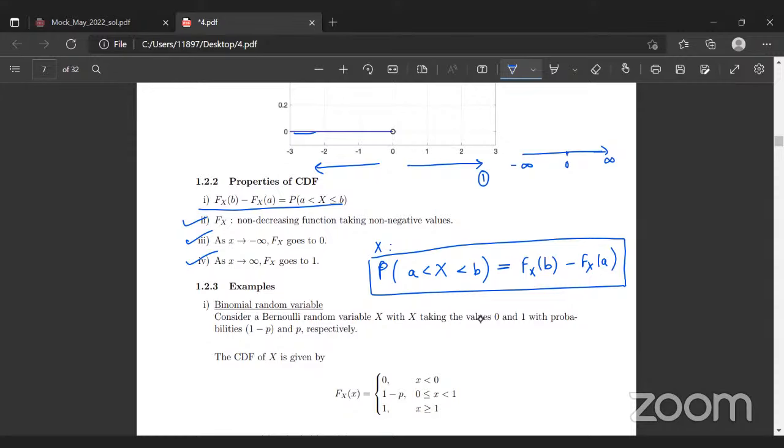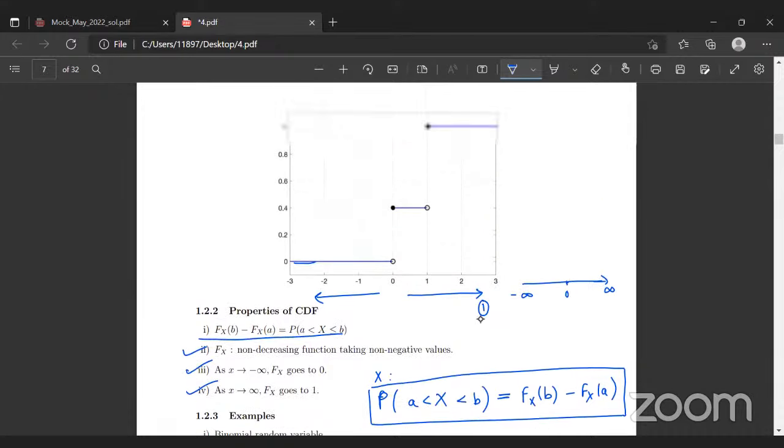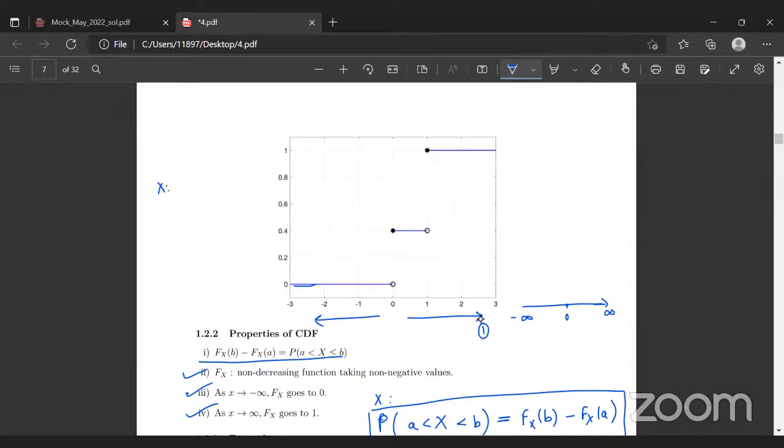I'm sorry to interrupt. Is it strictly between a and b? a and b are any two values that the random variable is taking. Let's say x takes values from 2 to 10, and this is a continuous random variable.